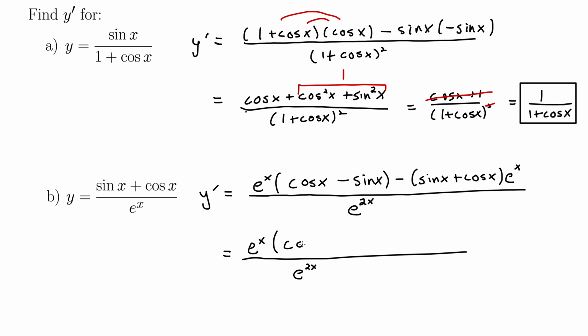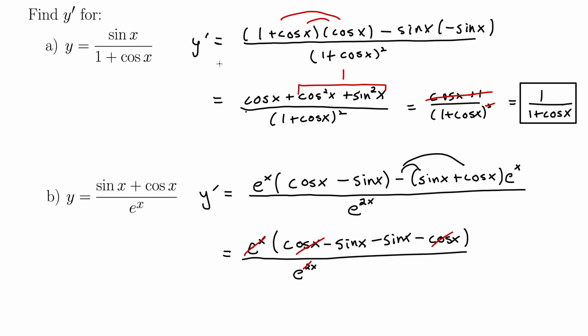So we have cos x minus sine x. And then this negative up here gets distributed through. So we have minus sine x again, minus cos x. Well, look at that. Our cos x's cancel, so that's kind of nice. I'm always down for a little bit of cancellation. And this e to the x up here will cancel one of these down here, since this is really e to the x squared.